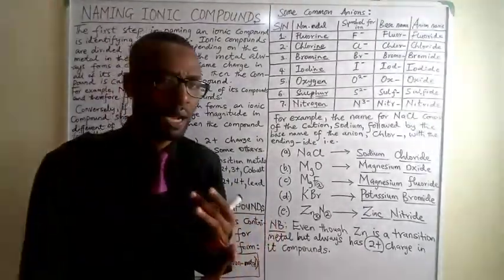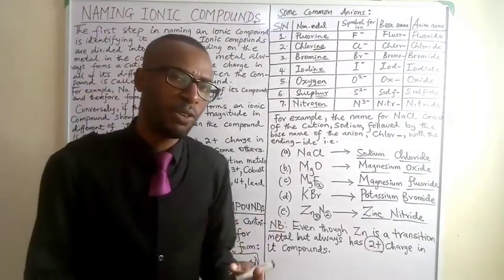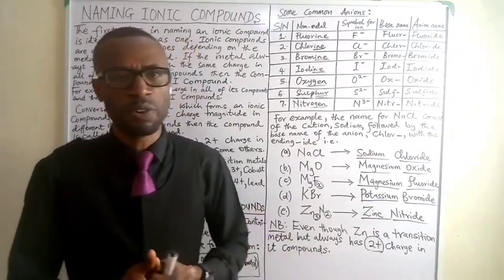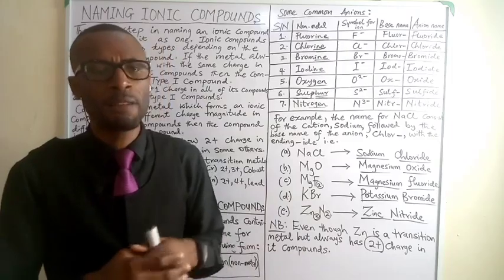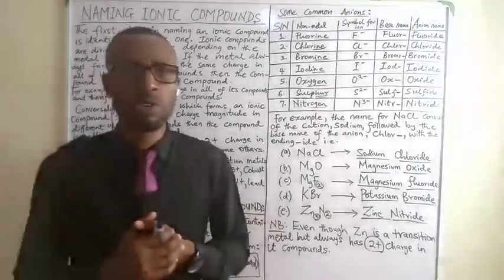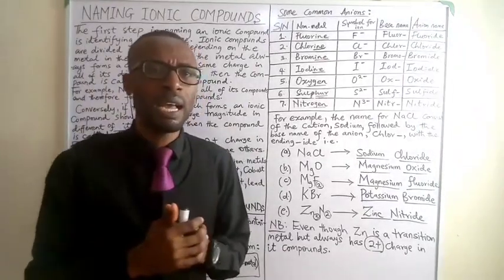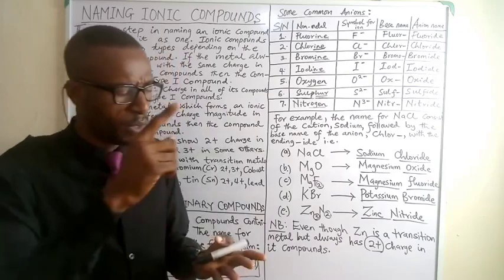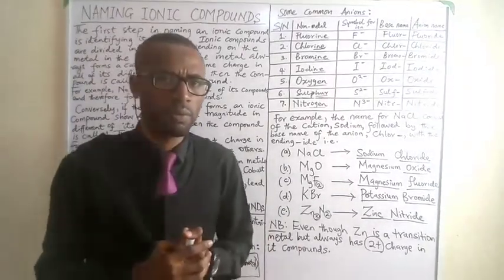We have the type 1 ionic compound and type 2 ionic compound. The type 1 ionic compounds are made from metals that belong to the main group of the periodic table, which is group 1, 2, and 13. While the type 2 ionic compounds, which we are going to name in our next lecture video, comprise transition metals, which are metals found between group 2 and, of course, 12 of the periodic table.